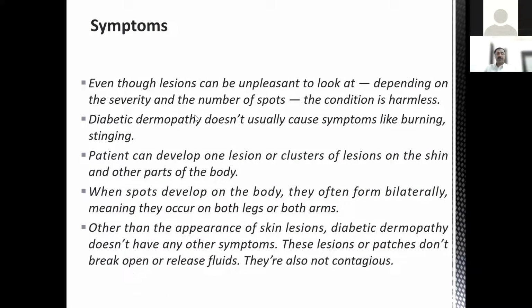Aesthetically, they don't look so good. And diabetic dermopathy does not usually cause symptoms like burning or stinging sensation. And the patients have one lesion or a cluster on the shin and other parts of the body. And when spots develop on the body, mostly they are formed bilaterally.